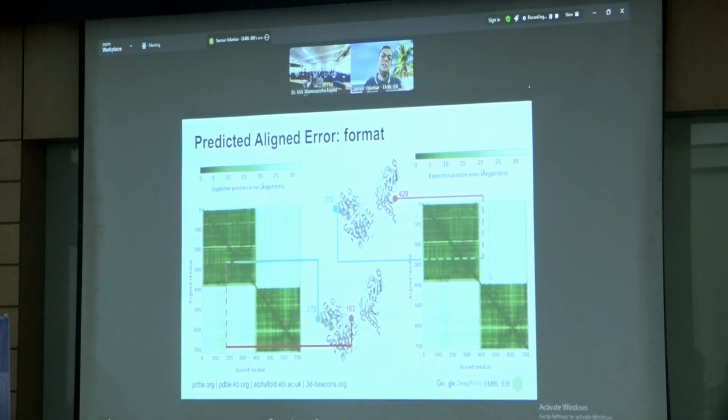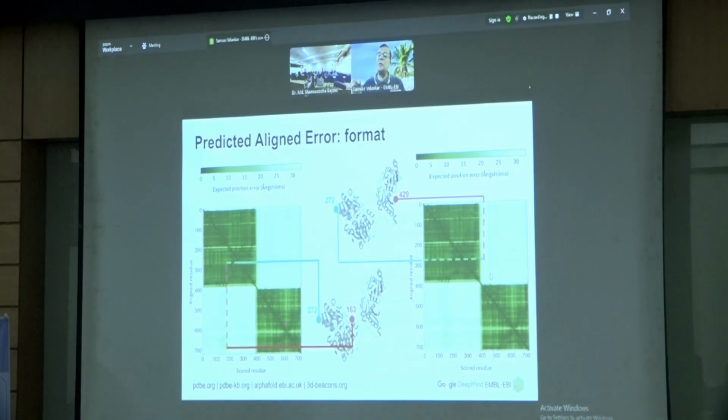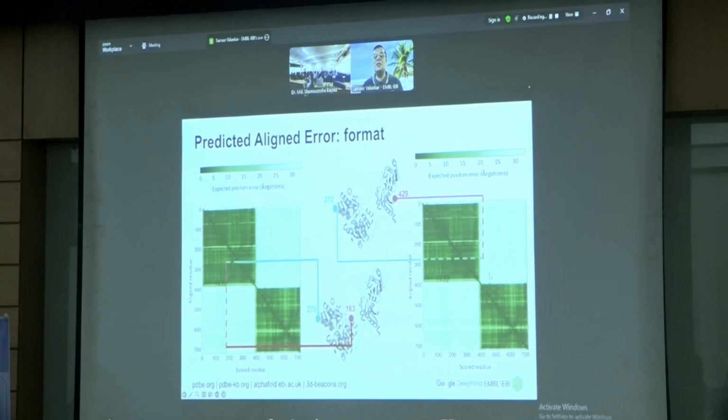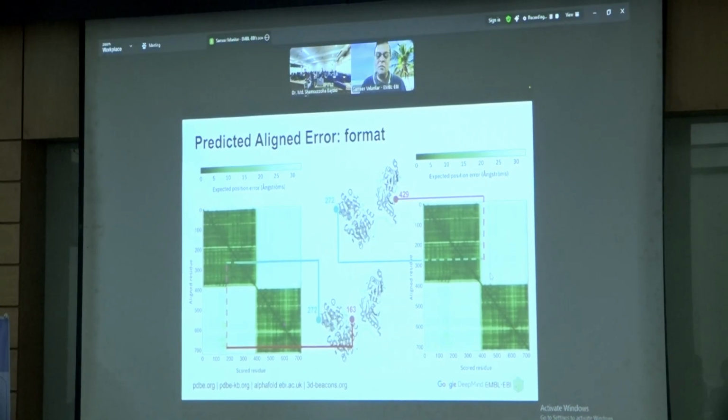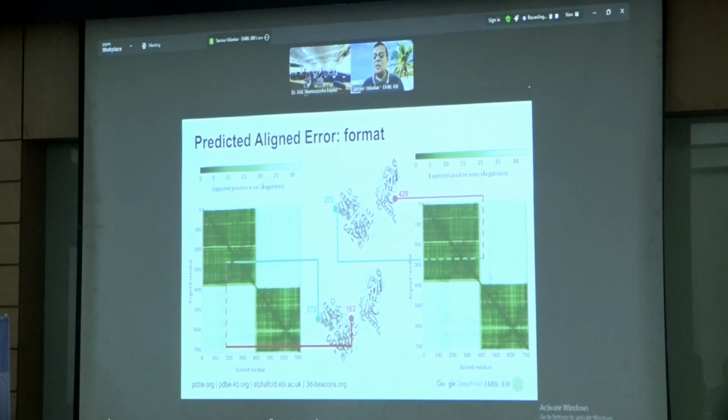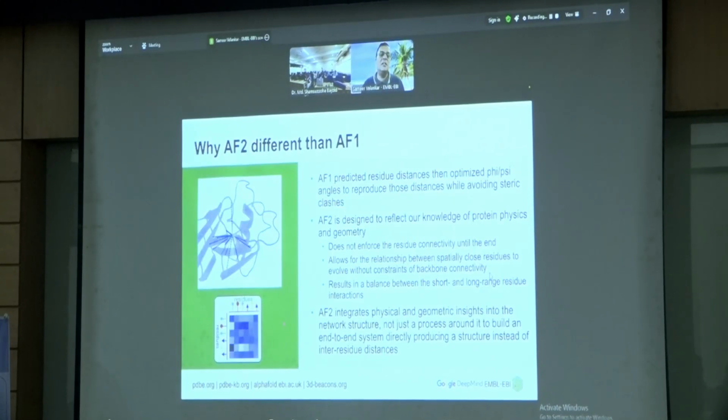So if it is green, that means the relative position is also predicted with very high confidence, and if it goes towards white, the relative position is not predicted with high confidence. And you can see why, because these two domains could be anywhere in space, and this is just one conformation that you might get for this particular protein. And so this is what the PAE tells you.